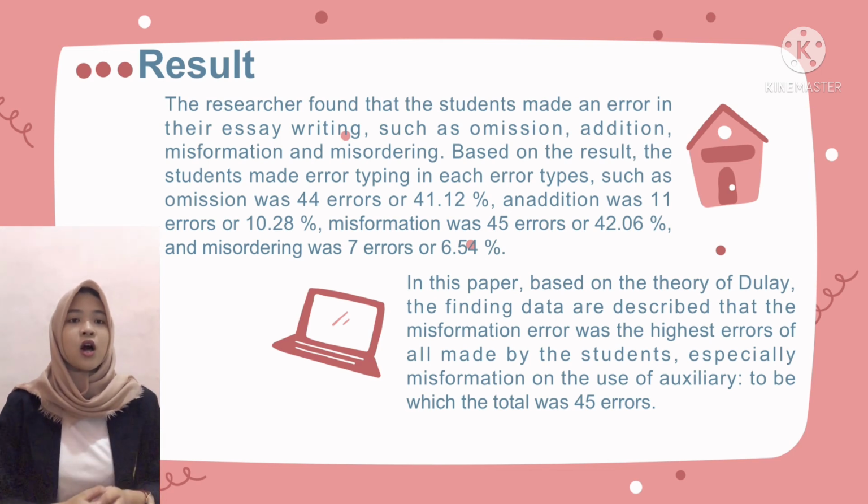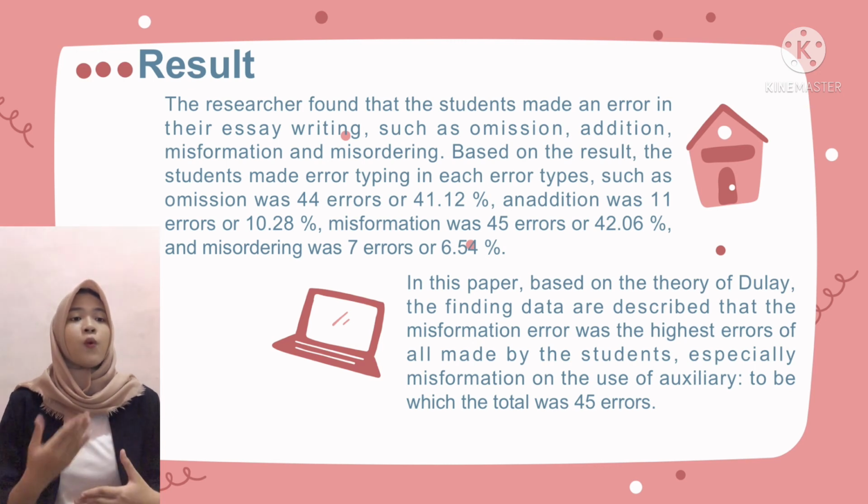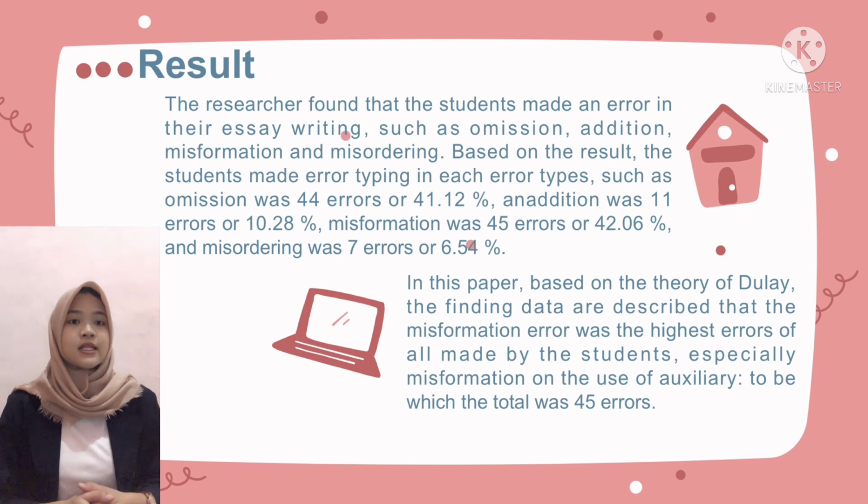Then the total of addition was 11 errors or 10.28%, while the total of misformation was 45 errors or 42.6%. Then the total of misordering was only 7 errors or 6.54%.